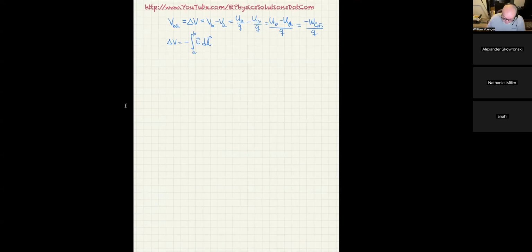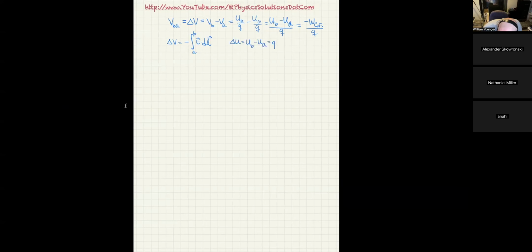Now, this also gives us another thing that we can realize. For instance, the change in potential energy, which is the final potential energy minus the initial potential energy, has got to be equal to, if we solve the expressions in the line above for the potential energy, we'd see that the potential energy is Q times the voltage.